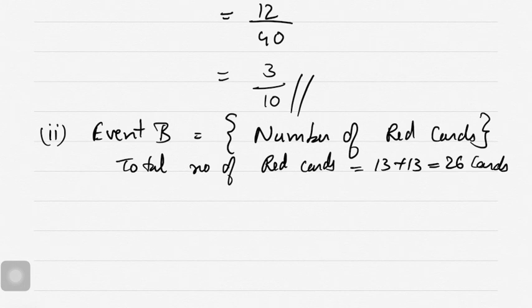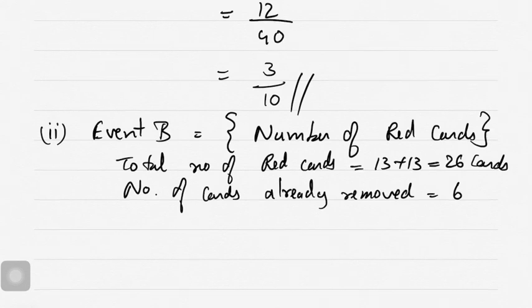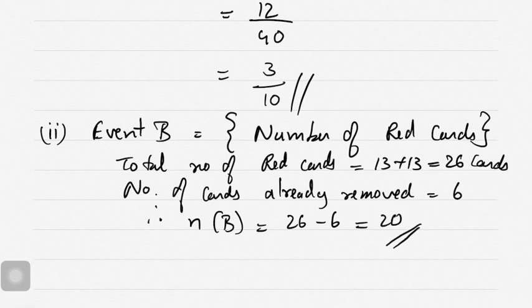But we are removing 3 cards, right? 3 into 2. So number of cards already removed is equal to 6, correct? Therefore n of B is equal to 26 minus 6, which is 20.